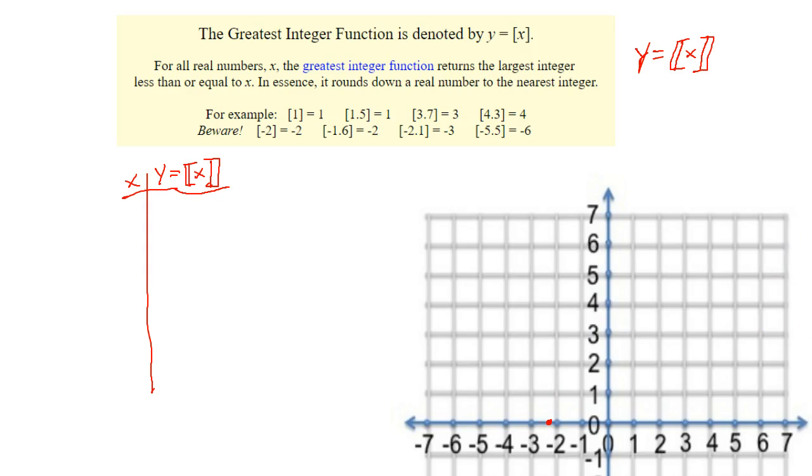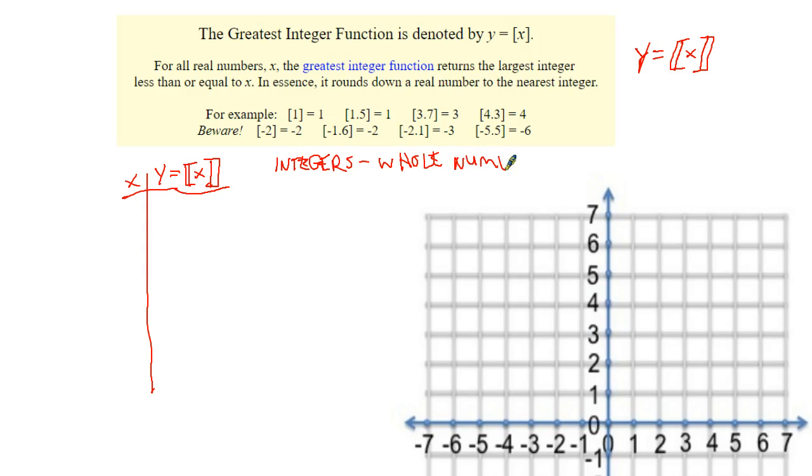Now that I'm mentioning integers, it's important that we get that definition down. Let's make sure you know what those are. Integers are all the whole numbers and their opposites. Actually, whole numbers include 0.